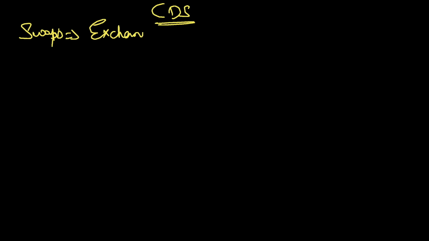So, credit default swaps and its trade life cycle we will see now. First of all, let me briefly tell you what credit default swaps are. Swaps refers to exchange of cash flows based on the agreed conditions.